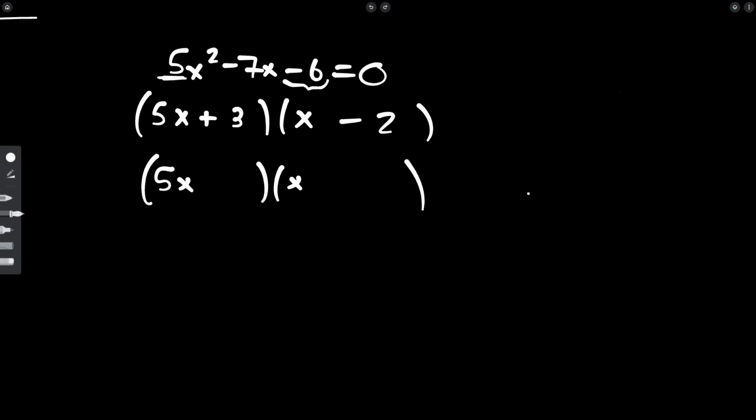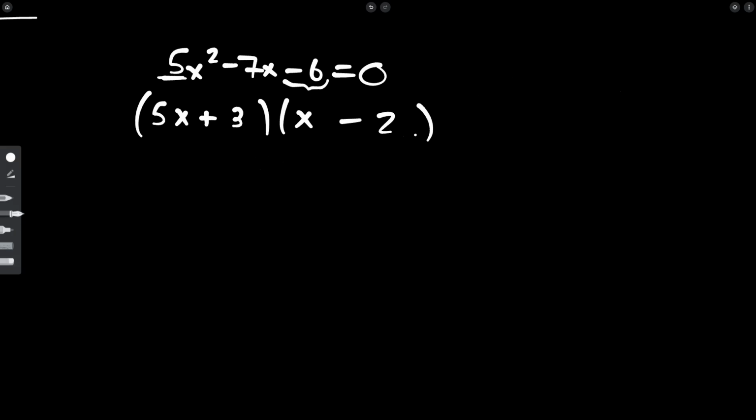But then when I tried negative 2 and positive 3, I got negative 2 times 5, negative 10. 3 times x is 3x. Negative 10 plus 3 is negative 7. That's, in a nutshell, how I did it. You could use the diamond problem for this, but alas, we've done it here.